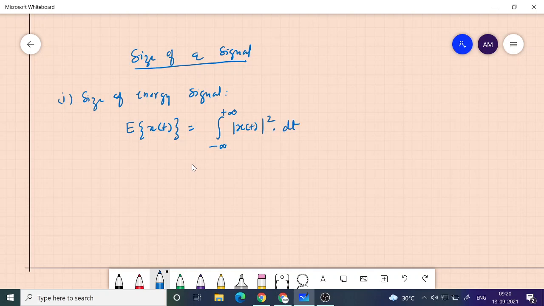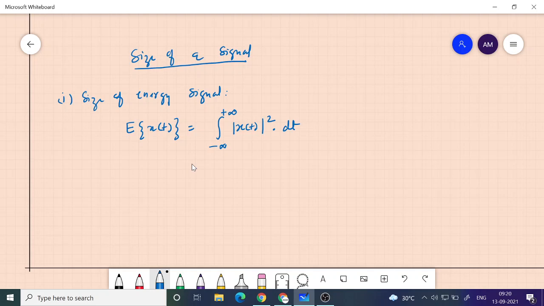So the energy of a signal is defined by this formula. You take the signal, take its modulus, then square it, and then integrate it from minus infinity to plus infinity with respect to time.